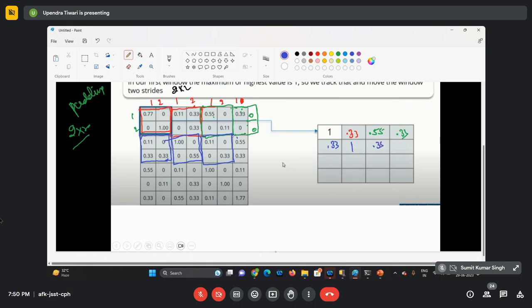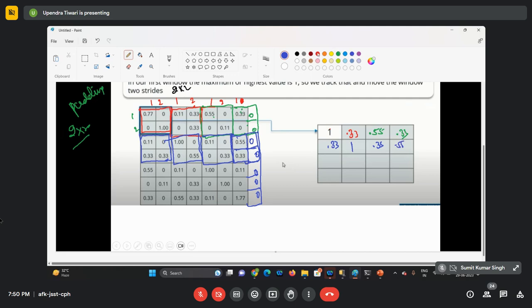Again, you see, we have to get 2 by 2 and we're getting 2 by 1. It means for the last column we are going to face this problem, so we are going to add 1 extra column, and this extra column will be filled with the value 0. Okay, now we got this 2 by 2, and in this 2 by 2 we have 0.55 as the maximum value.